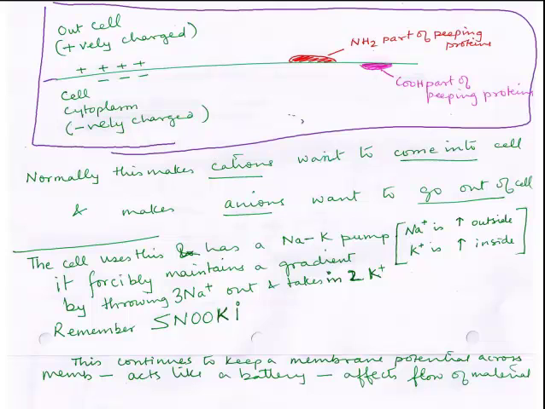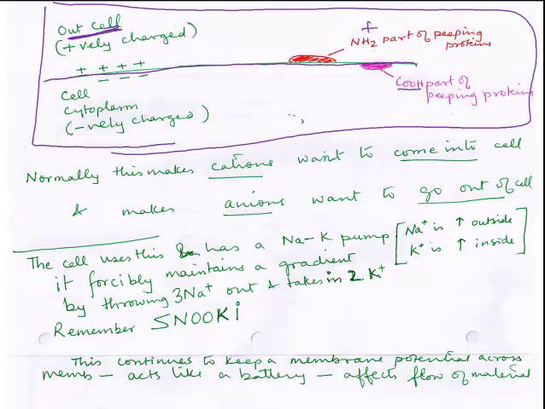Supposing this is your membrane. Now this membrane, outside the cell, it is positively charged. And the amino part is what peeps out from the membrane proteins, which is like plus. The inside of the cell, which is exposed to the cytoplasm, is negatively charged.